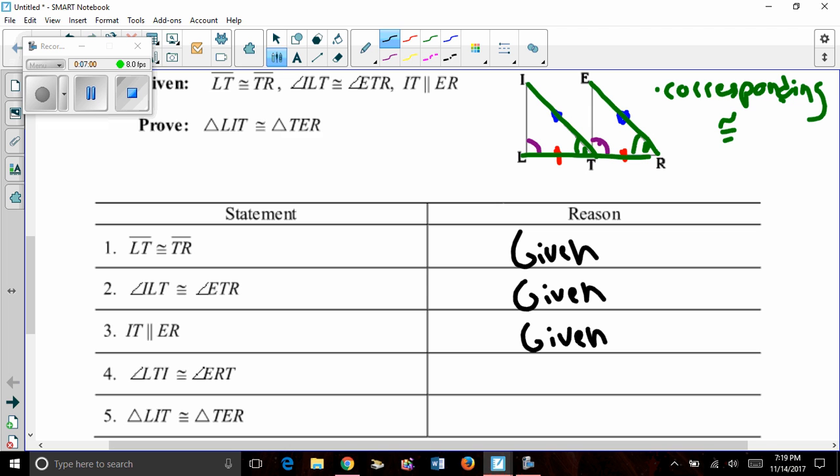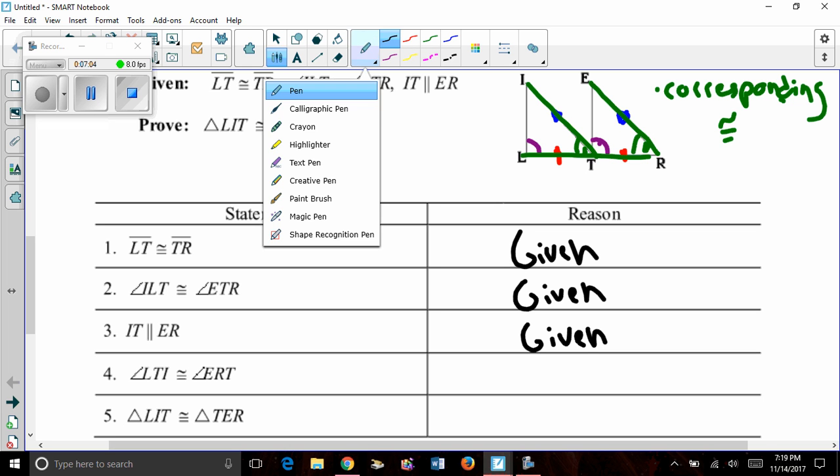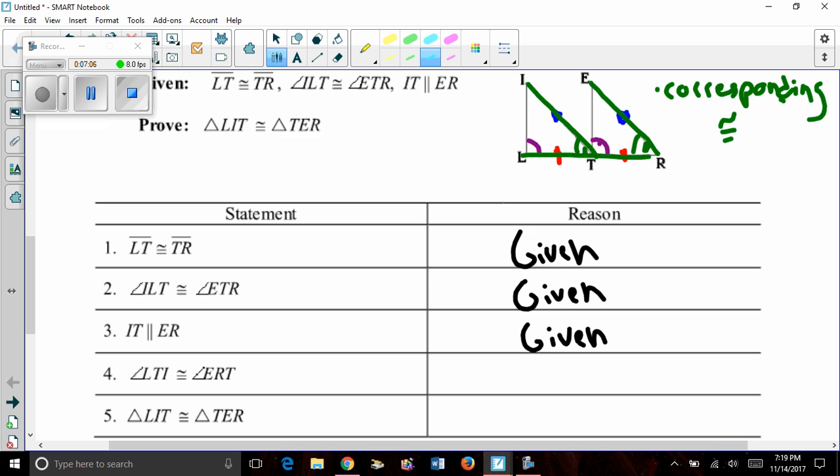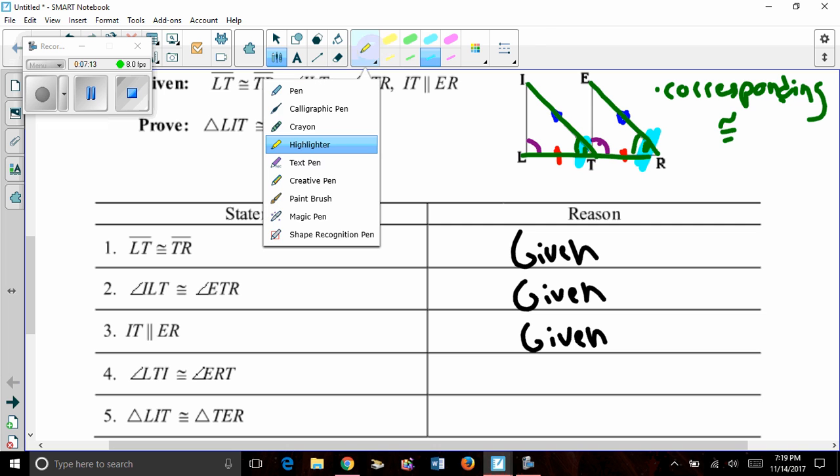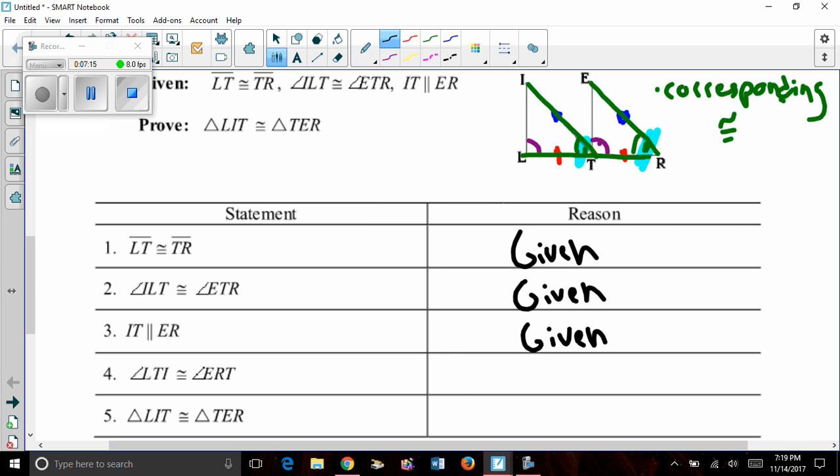What we found was here in step 4, angle LTI, we highlight here, and angle ERT. Using our older skills, these are corresponding angles. And depending on how your teacher wants you to write it, there's many ways you could fill this in. Could be a theorem, anything, but I'm just going to put corresponding angles.